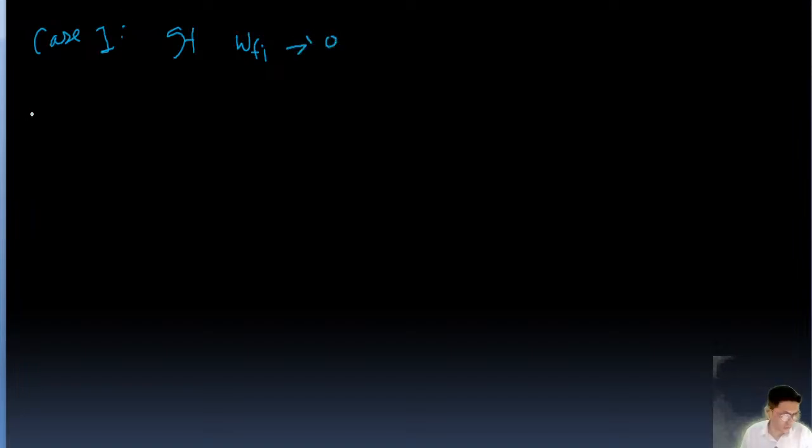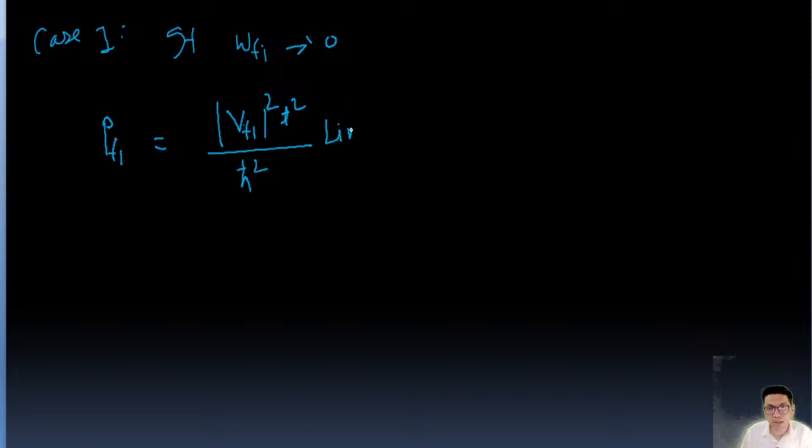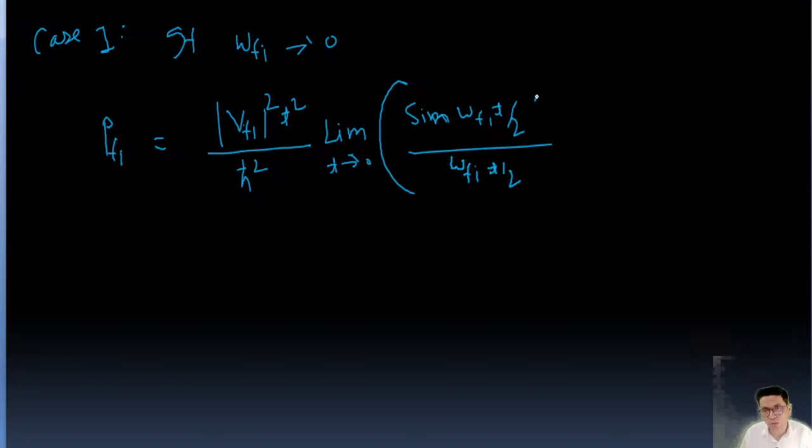If this value tends to 0, then the transition probability P_fi is going to be |V_fi|² t² upon h cut square, limit t tends to 0, sine square of omega fi t by 2 upon omega fi t by 2 whole square.